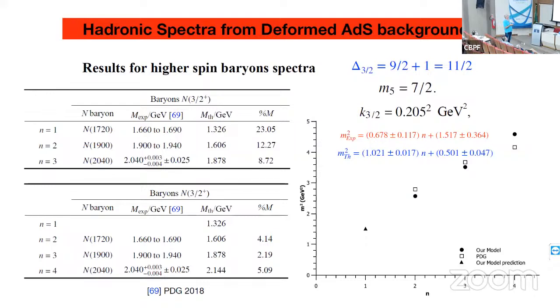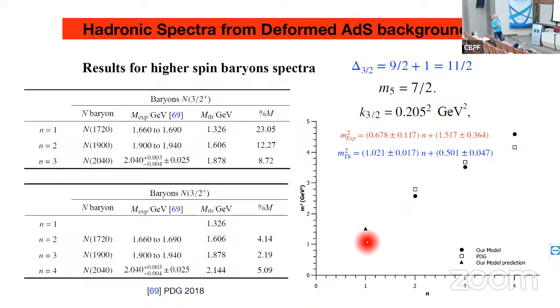We can also extend to baryons of spin 3/2, and then you include one extra spin, so your dimension goes to 11/2, right? And then your 5-dimensional mass changes also to 7/2. This constant here is exactly the same as before. In this case, it's possible to do this, and these 3 dots are our points.